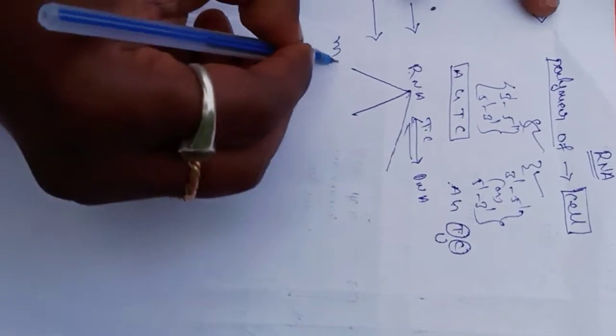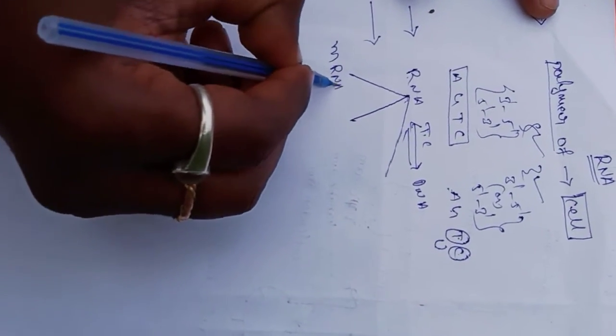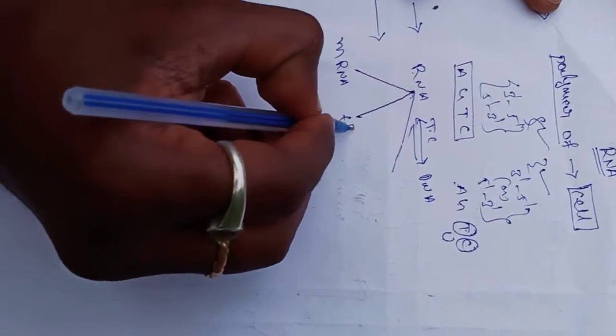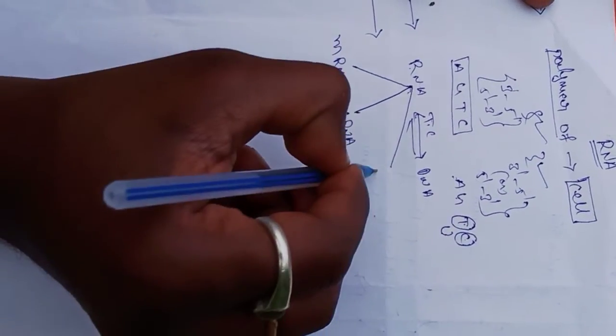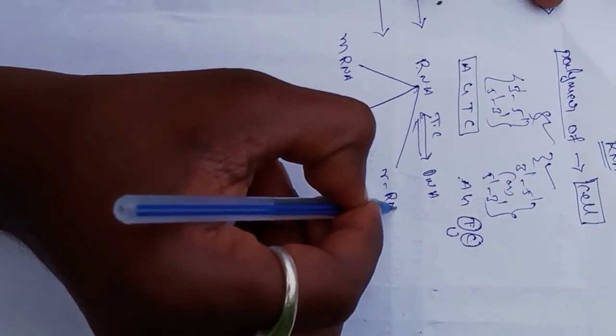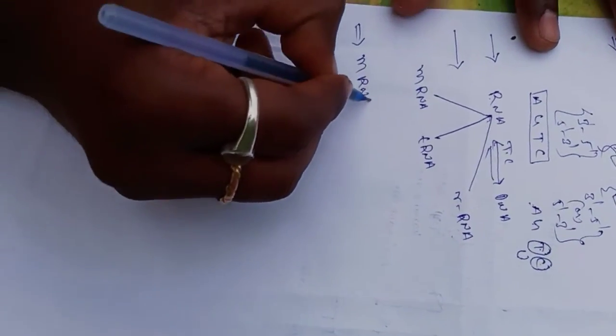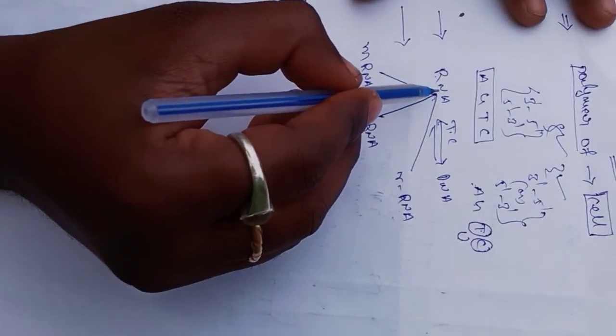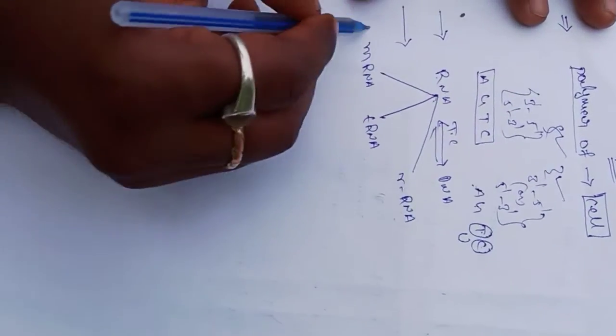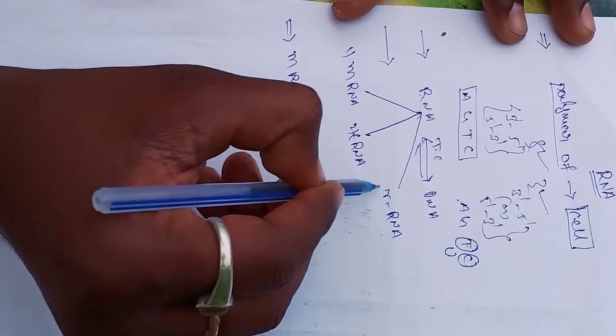One is the mRNA, the next one tRNA, the next one rRNA. First we discuss about mRNA. So RNA is classified into how many types? Three types: mRNA, tRNA, rRNA.